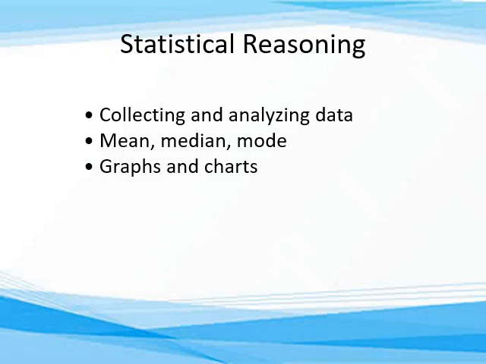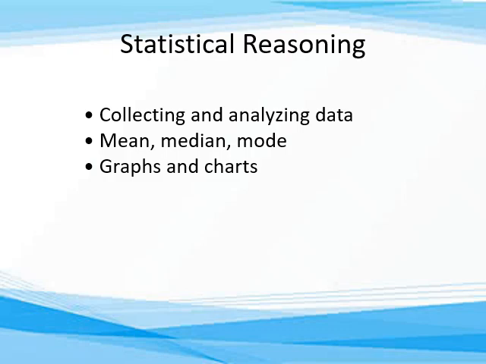Then there is statistical reasoning. This type of reasoning deals with data. That is, we get data of all kinds, with numerous numbers and other information. This type of reasoning collects, organizes, and interprets information using graphs, charts, mean, median, and mode.